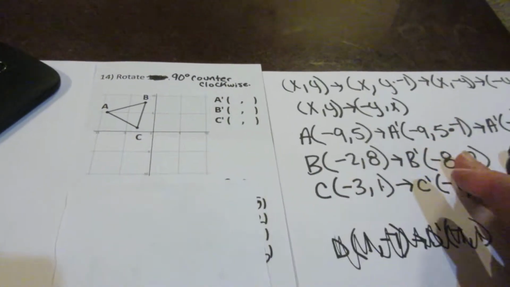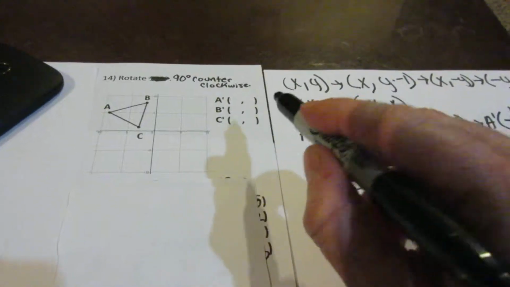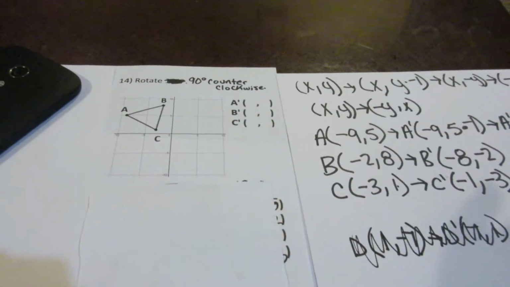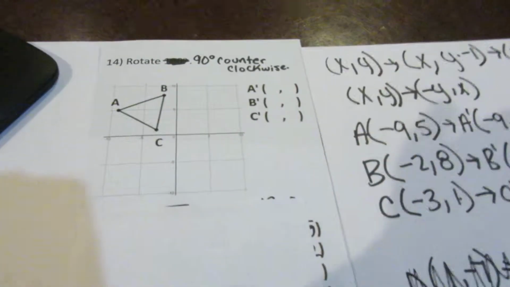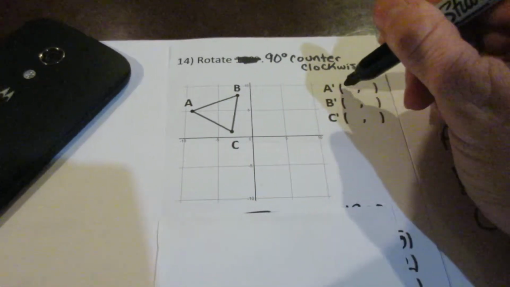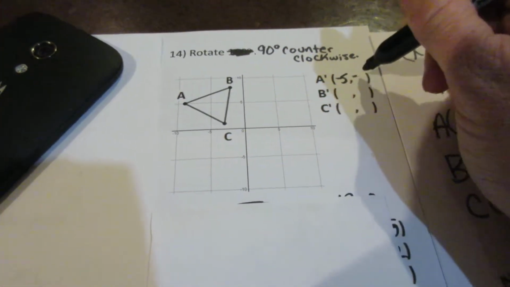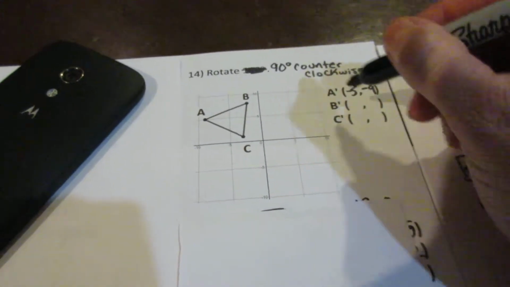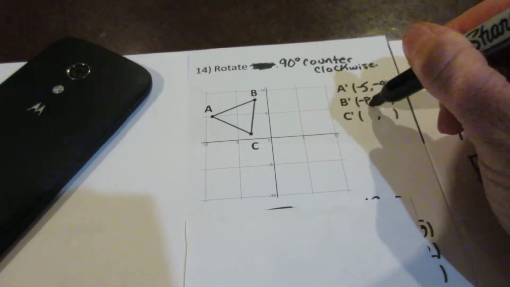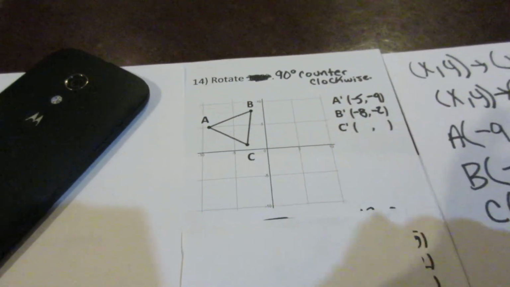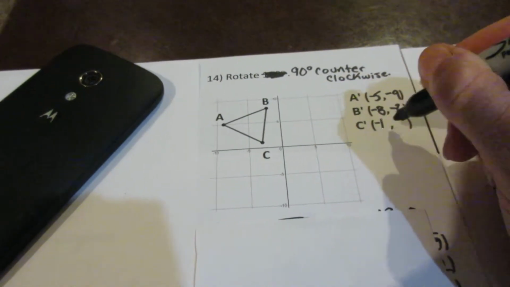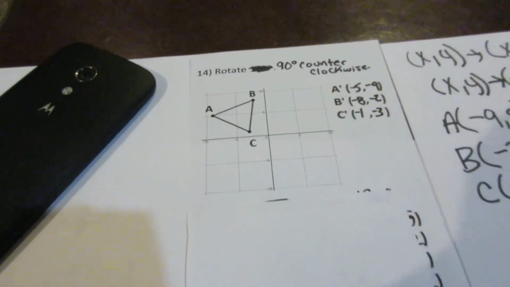Alright, so I'm going to go ahead and copy these points into the space provided right here for A prime, B prime, and C prime before we graph the coordinates. Alright, so A prime was (-5, -9). B prime was (-8, -2). And C prime was (-1, -3).